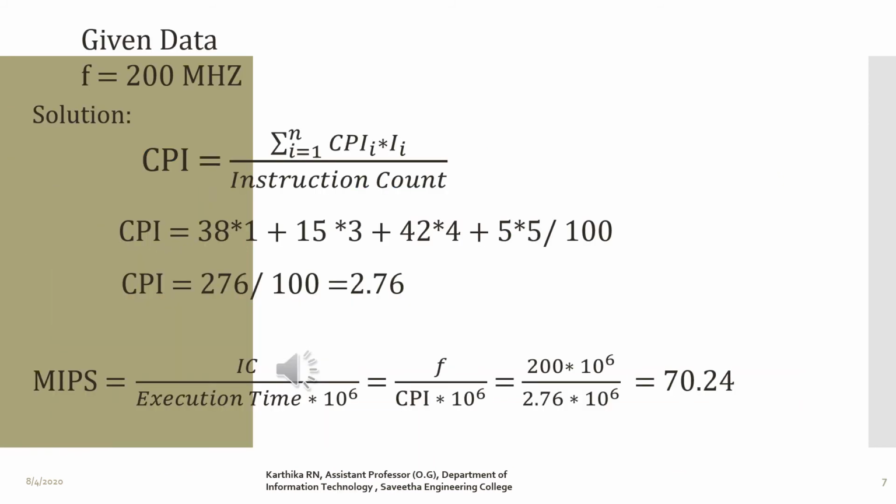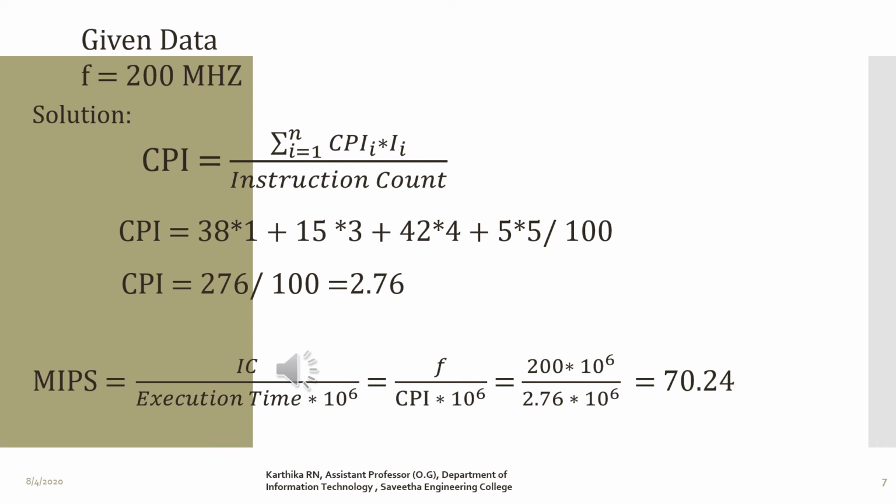Let's see what data is given. Here we have the frequency, that is 200 MHz. We'll check the solution. We are going to calculate CPI, which is equal to the summation of i equal to 1 to n of CPI of i into I of i, divided by instruction count.